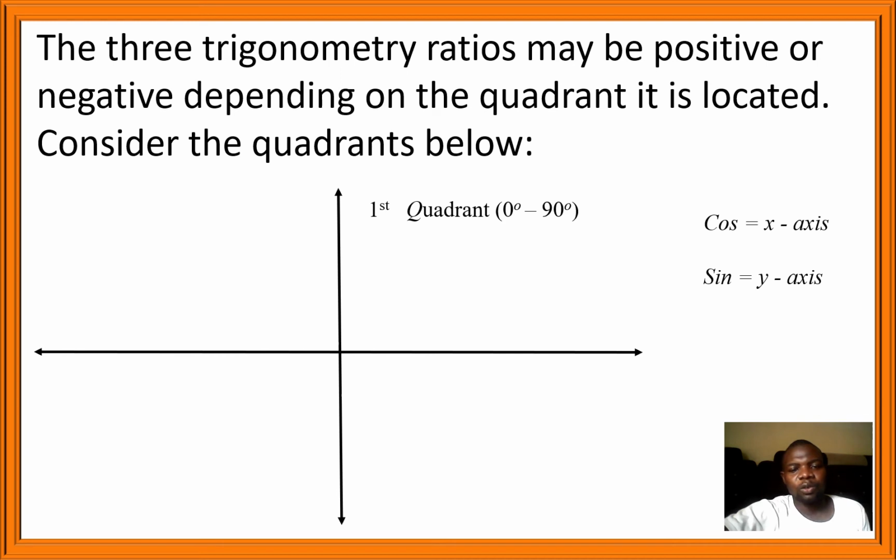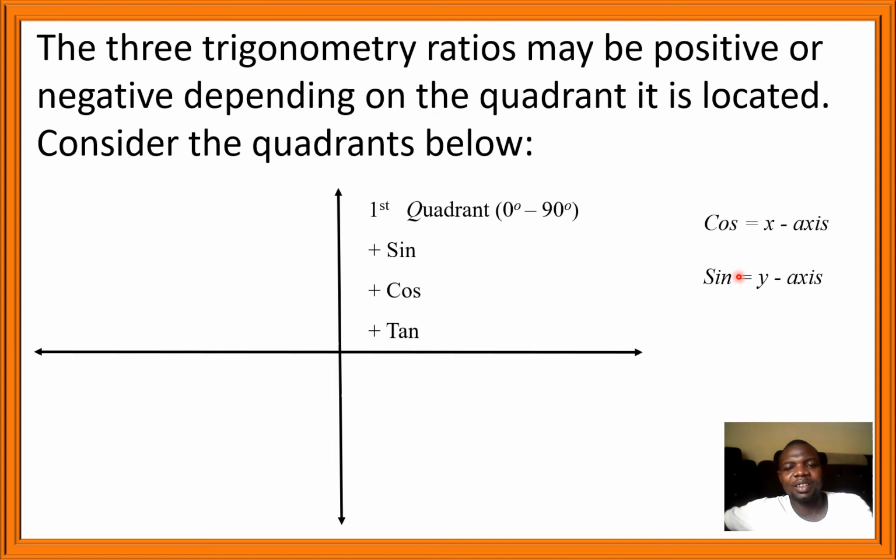So for the first quadrant, we can find all the three trigonometry ratios. We can find sine, cos, and tan in that quadrant. But you can see that in the first quadrant, since we have the y-axis positive, and remember we said y-axis is for sine, the sine should also be positive.